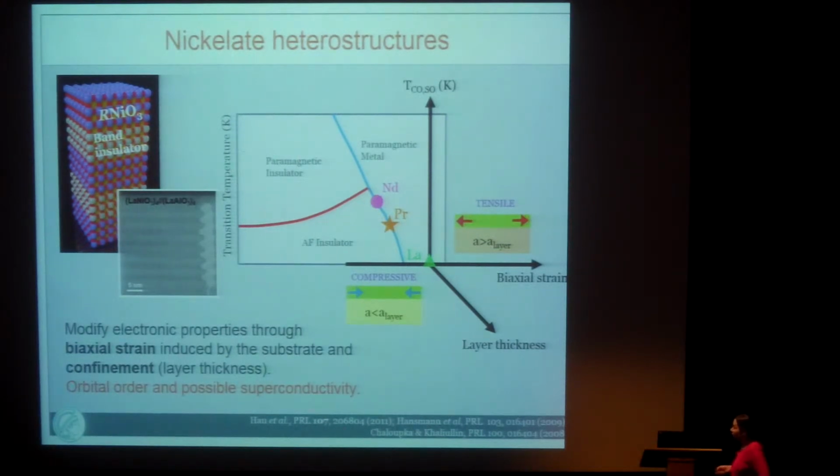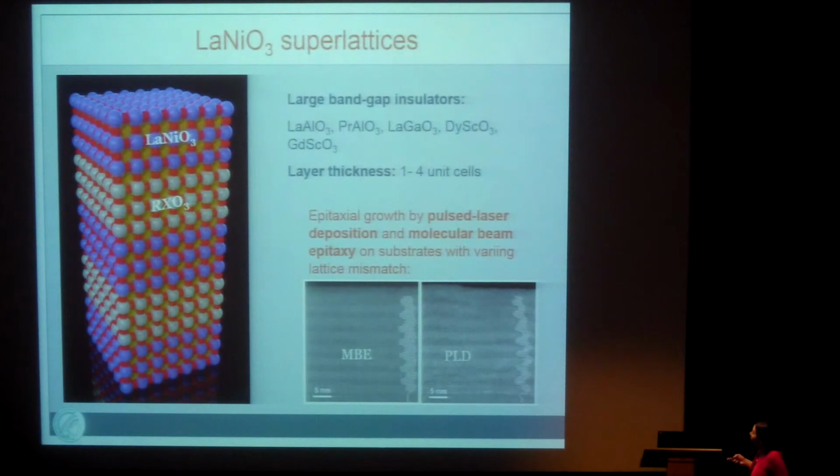There was a series of theoretical work on this kind of heterostructures, and they proposed orbital order and possible superconductivity in these samples.